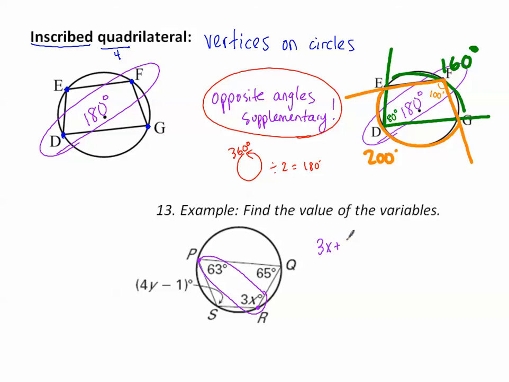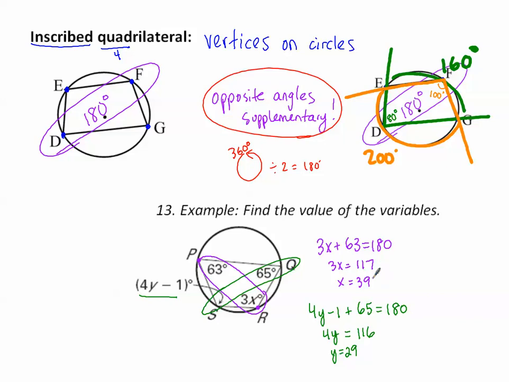So 3x plus 63 equals 180. And then opposite angles, 4y minus 1 plus 65 equals 180. And then just solve the equations. So solved properly, x is 39 and y is 29.